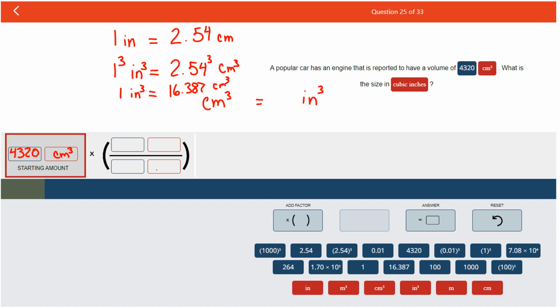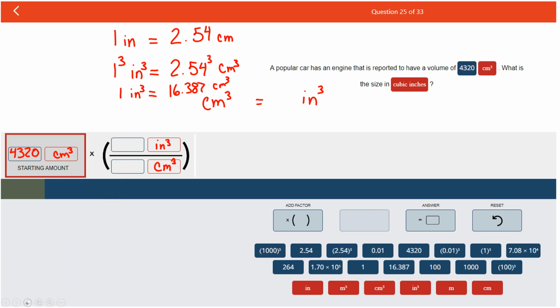I want to get rid of centimeters cubed, and I want to go to inches cubed. Now, notice there's a couple of different options this one gives you to get to the right answer. You could show the 1 cubed there, or you can show the 1 there. Both of those will work because 1 cubed is 1.